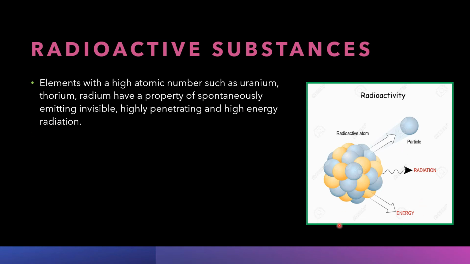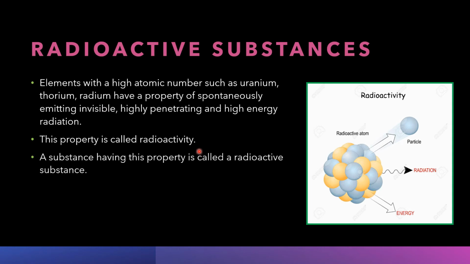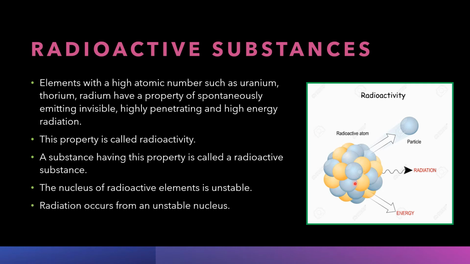So this you see commonly in elements with higher atomic number, and this property is called as radioactivity. A substance that has this property is called as a radioactive substance. If you see the nucleus of a radioactive element, it is highly unstable. So the radiation is due to the instability of the nucleus.